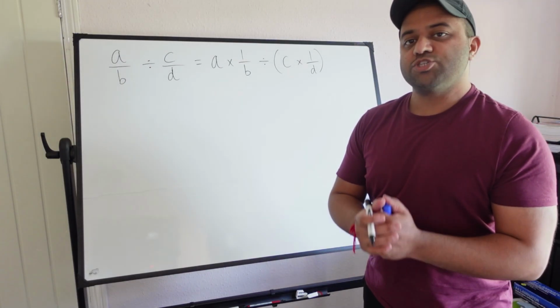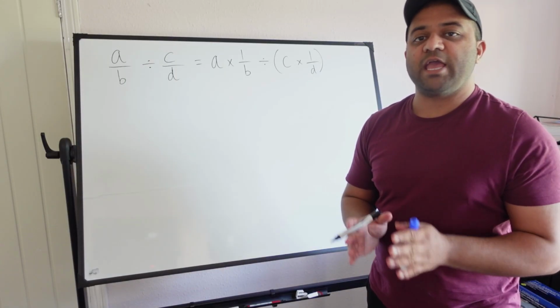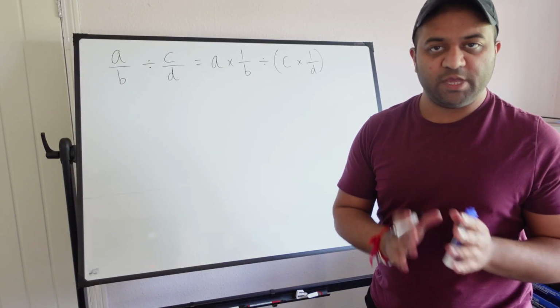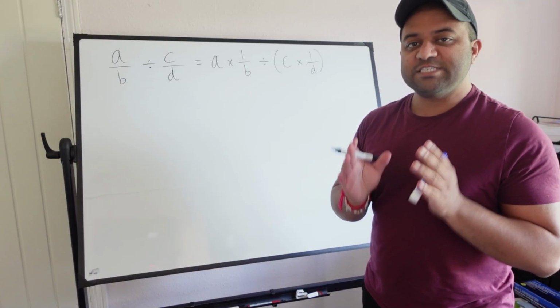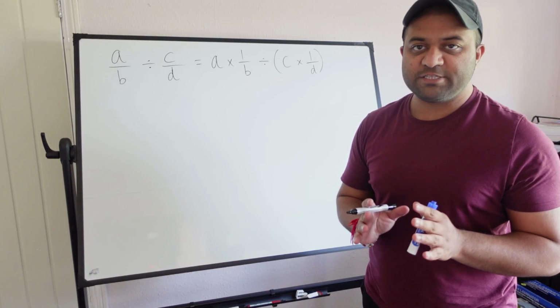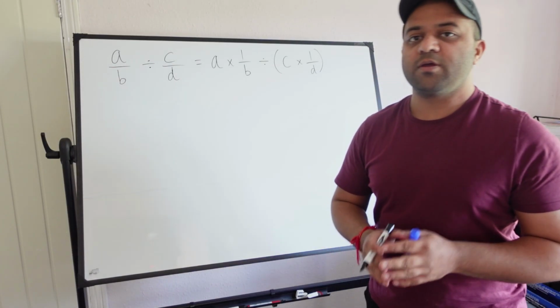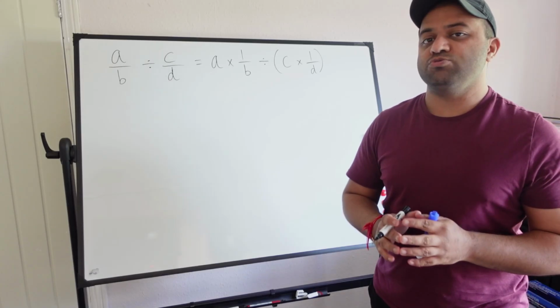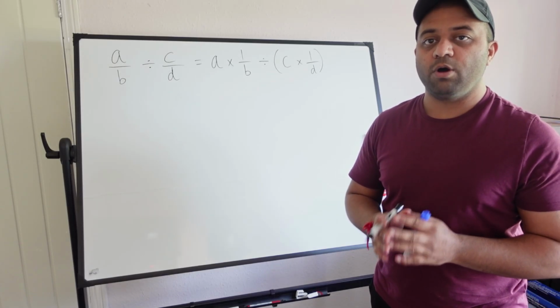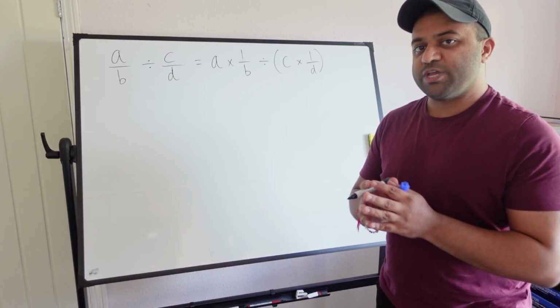Okay, so I've written down the a over b as a multiplied by 1 over b, and the c over d, I've put it into brackets to make sure that all of it is being divided by this division symbol, and I've split that into c multiplied by 1 over d. Now, this is the tricky part.